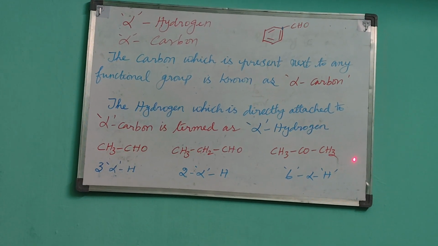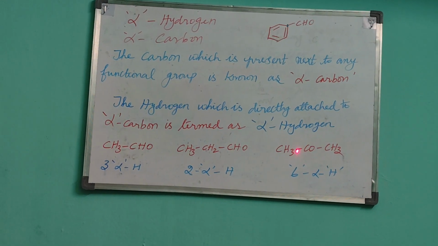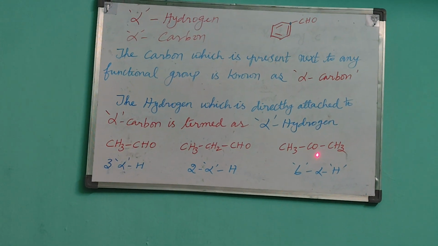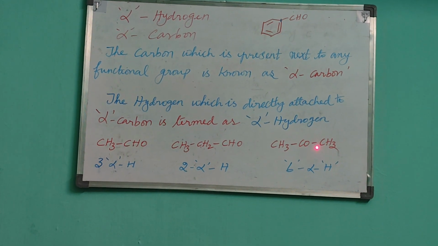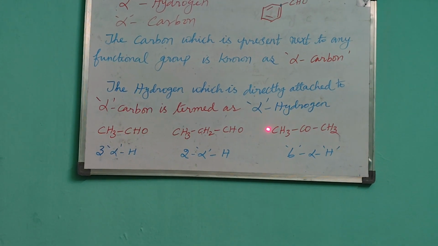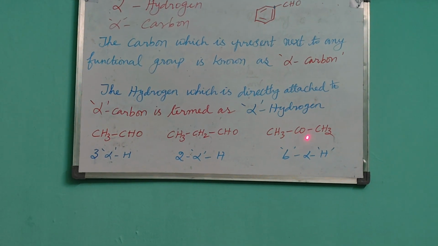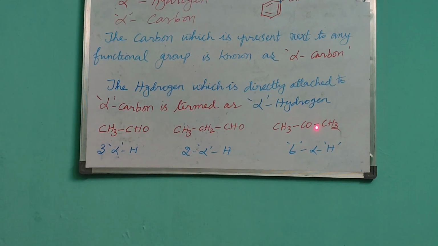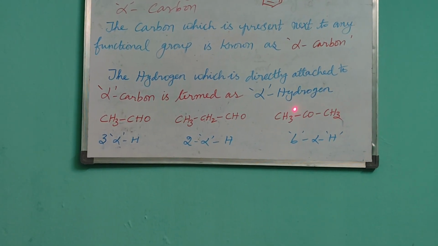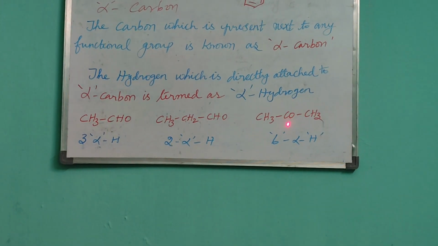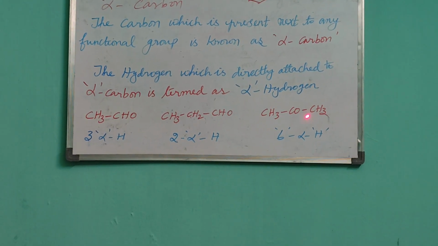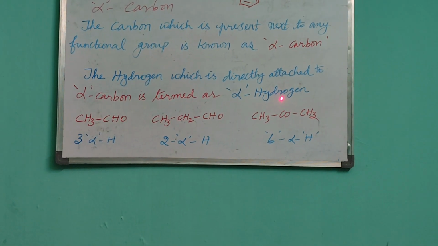So this is a keto compound in which CO is the functional group. CO is the ketonic functional group. If you see, this CO is the functional group, and on either side there is a carbon attached. In this ketone, two carbons are directly attached to the ketonic functional group on either side. Therefore both these carbons present at the terminals will be considered alpha carbons, right.